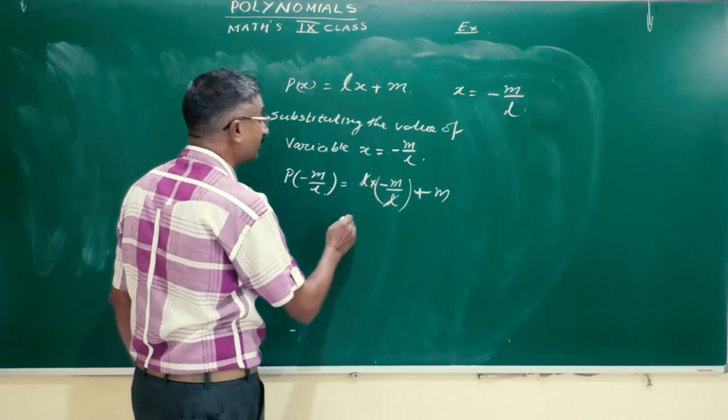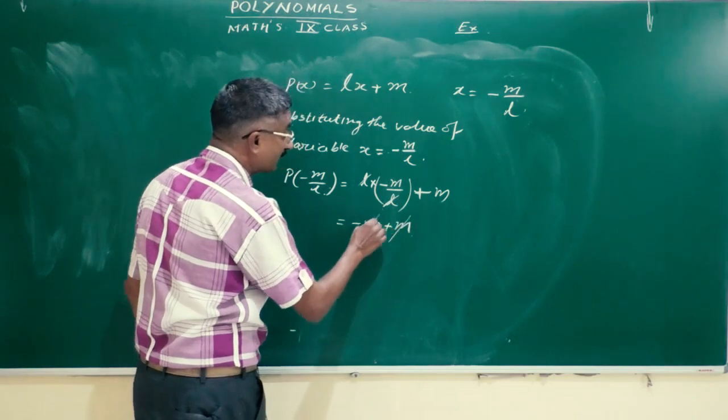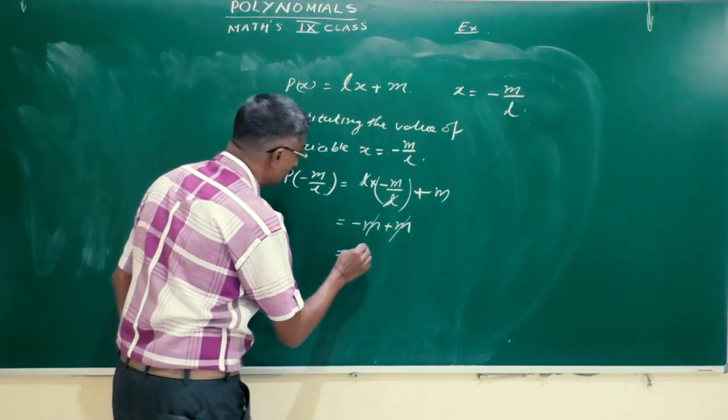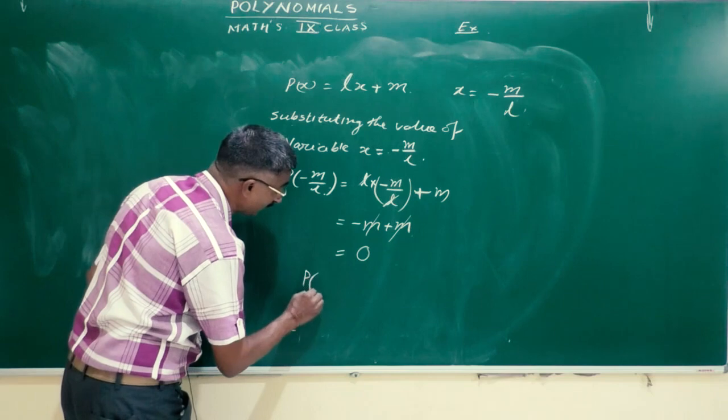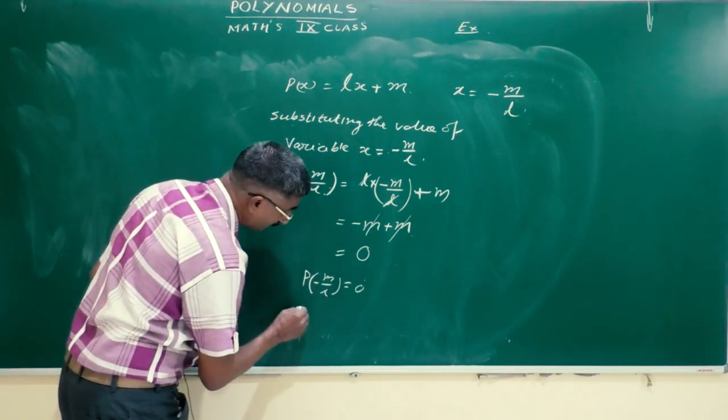So L cancels, so this is minus m plus m. Again this is cancelled, so this is equal to 0. So p of minus m upon L is equal to 0.